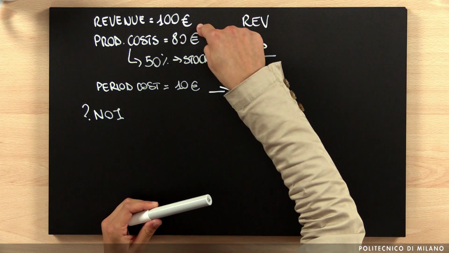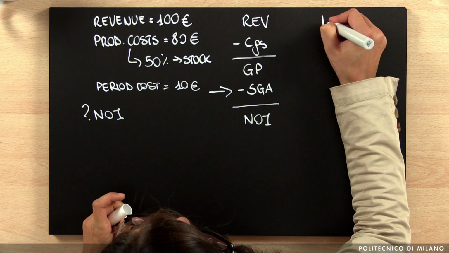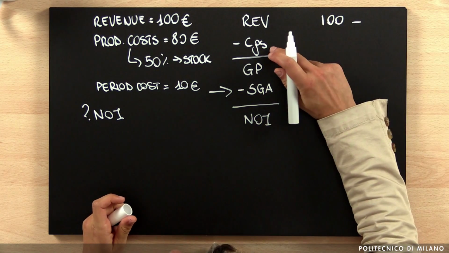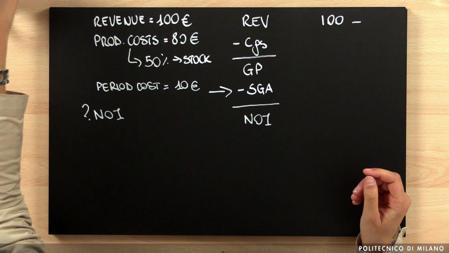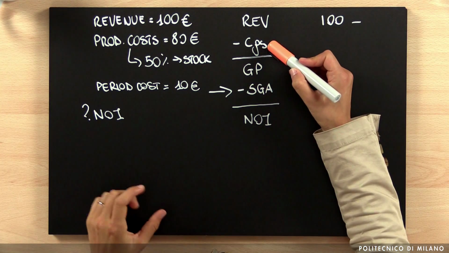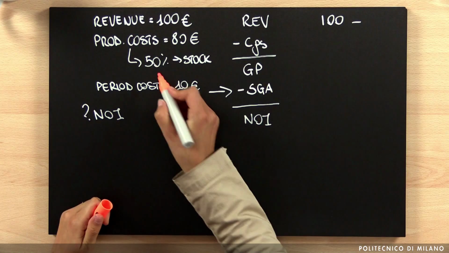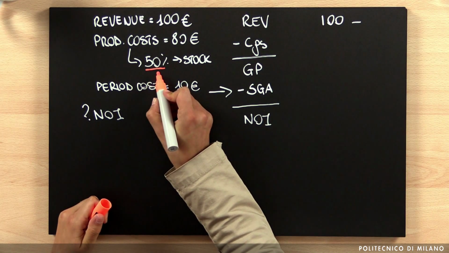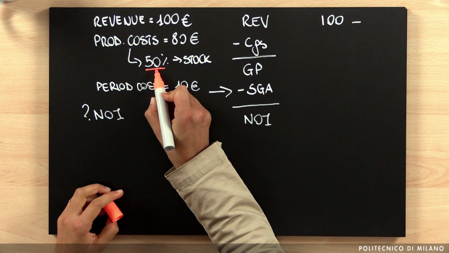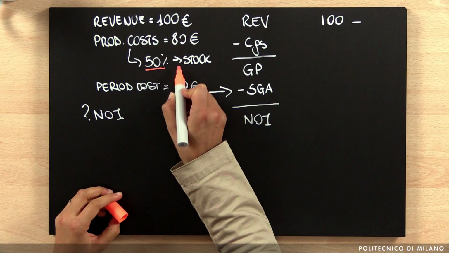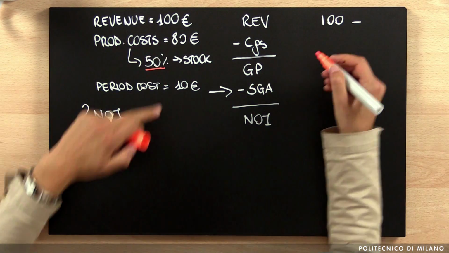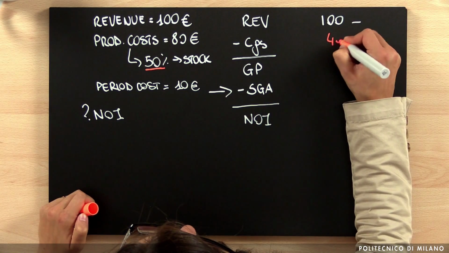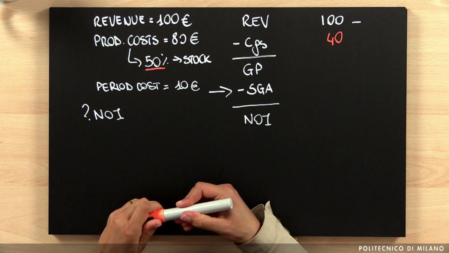So the revenue is 100 euros, so we will have 100, minus the cost of goods sold. If you remember, by using the inventory logic, we need just to consider the cost of the production, given that we are just selling, actually we have 50% of the products that enter in stock, so the cost of the goods sold will be just 50% of these 80 euros, so we will have 40 euros.